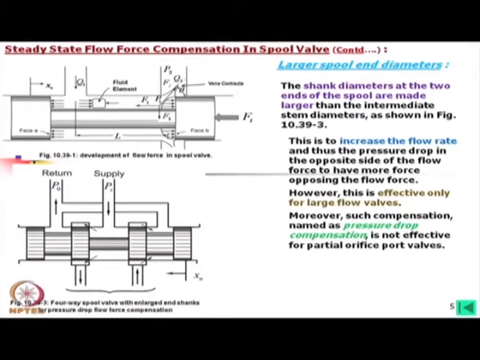Moreover, such compensation is named pressure drop compensation; we call it large spool end diameters. This is from the spool configuration, but actually pressure drop compensation is not effective for a partial orifice port valve. So, if we use a few rectangular ports instead of a full port, it will not work.